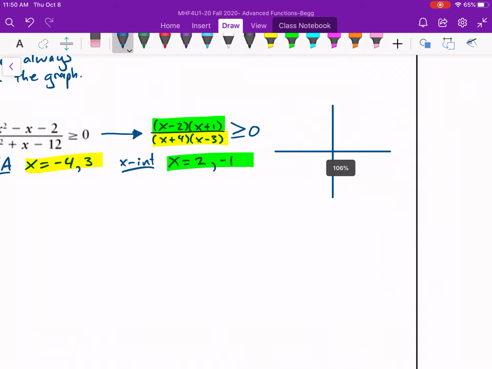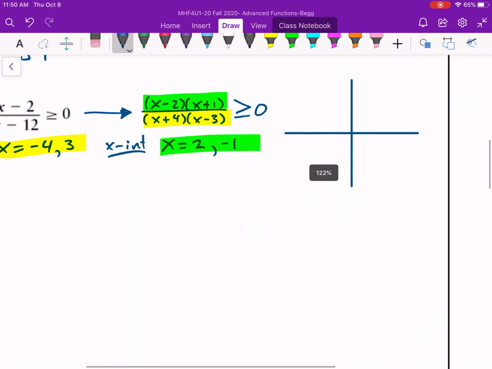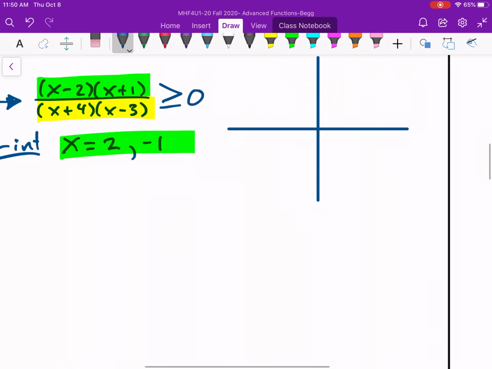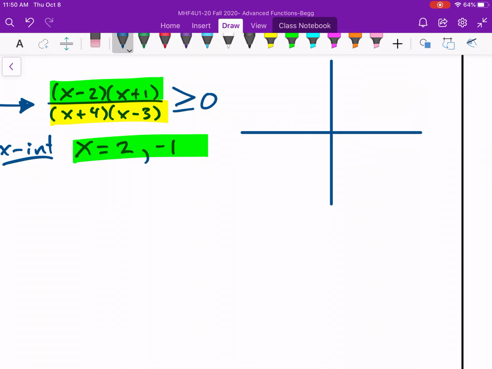So we had vertical asymptotes at -4 and +3, right? So let's say this is -4, and this is +3. And we got x-intercepts at +2 and at -1.